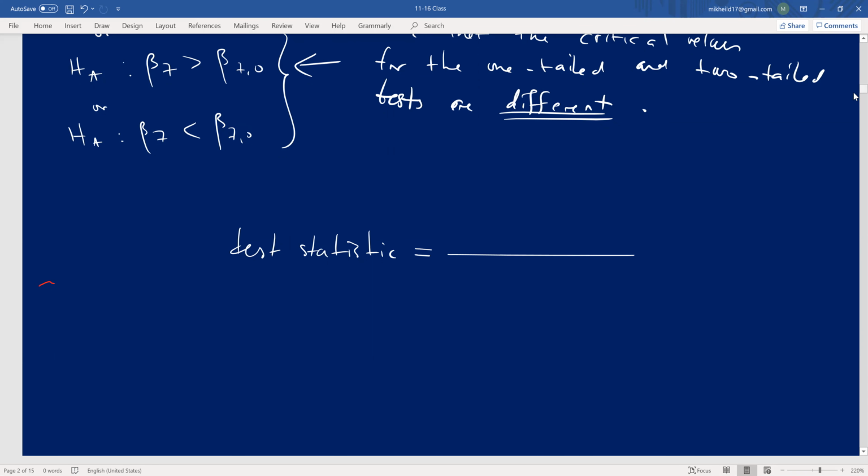Can you tell me? Beta hat 7 minus the hypothesized value, beta 7 at the null, right? This is the hypothesized value, as you correctly noted.